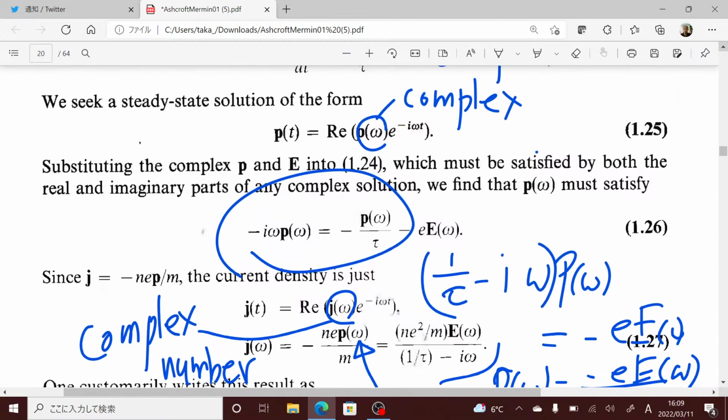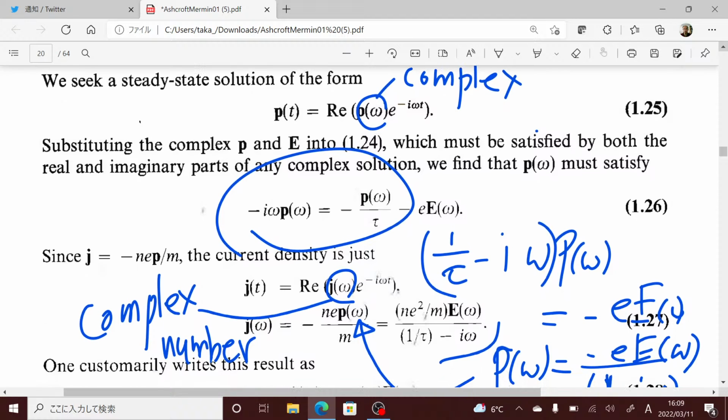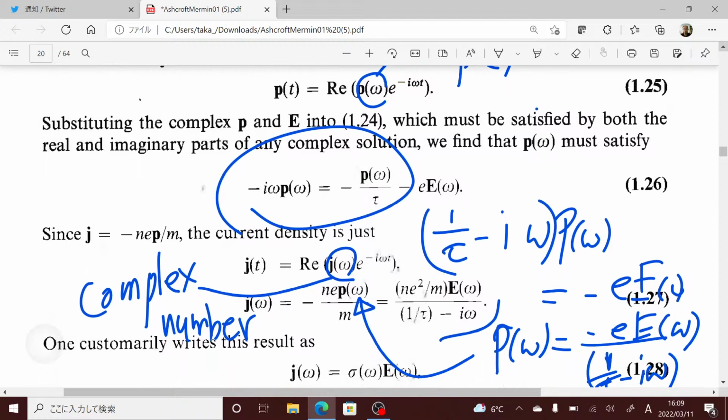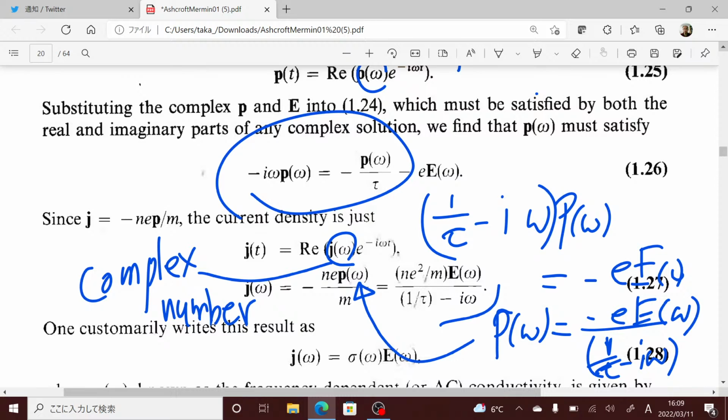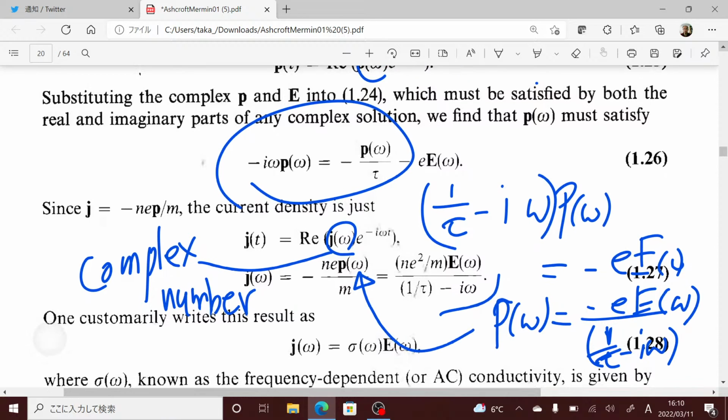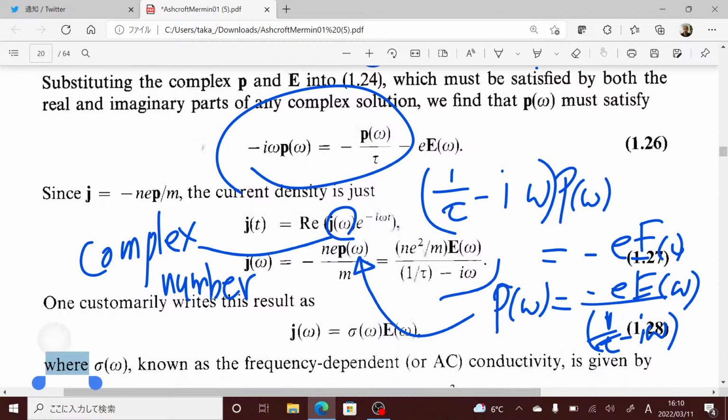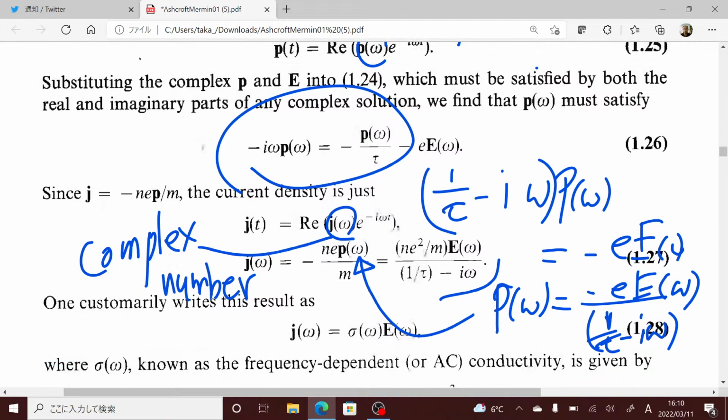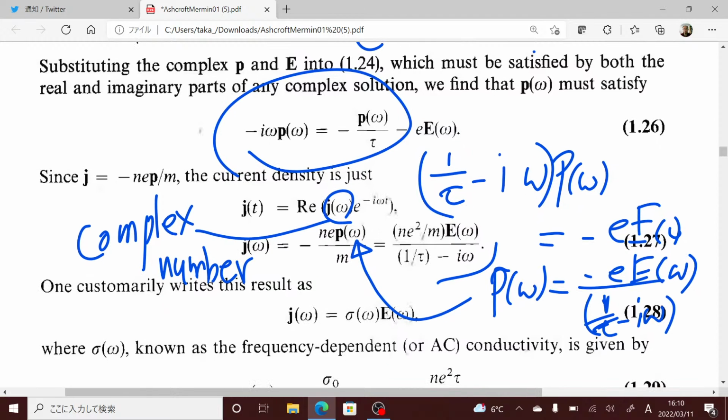We find that p of omega must satisfy 1.26. Since J equals minus n e p divided by m, the current density is just J of t is the real part of J of omega exponential minus i omega t, and J of omega is like this.